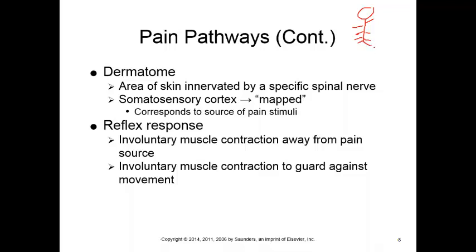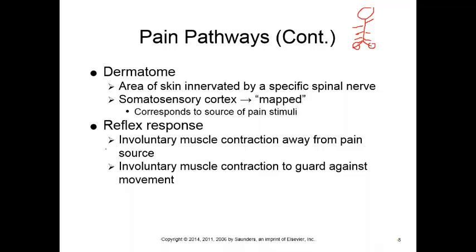If we stimulate this part of their body and they can feel it right here, that means that spinal nerve is not damaged. But if we stimulate over here and they can't feel anything or there's no pain, we know there's something going on with this spinal nerve. And it's very universal throughout the entire body with our skin.